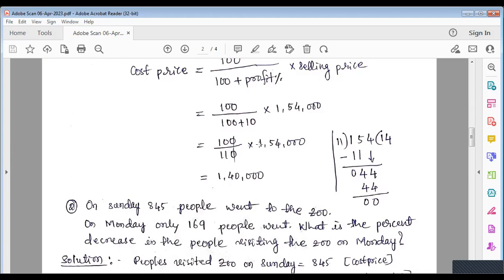You take only this 154 and divide that 154 by this 11. So that I have shown here. 154 divided by 11: 11 ones are 11. 15 minus 11 is 4. 4 comes down. 11 4s are 44 and 0. So in this way, 154 divided by 11 gives 14.